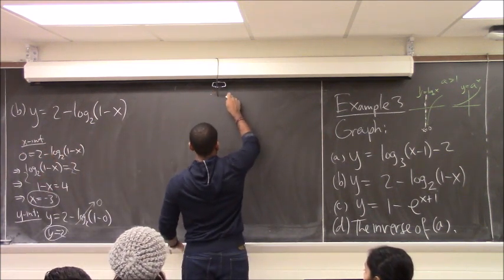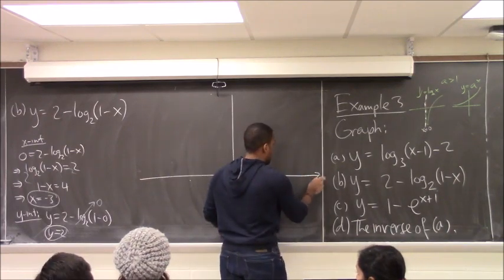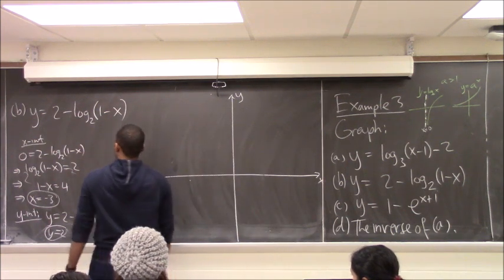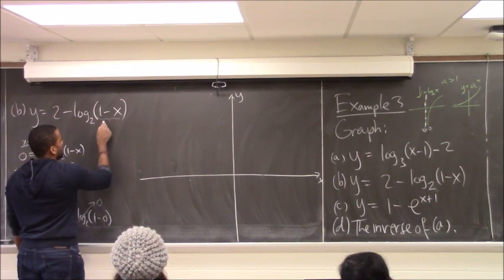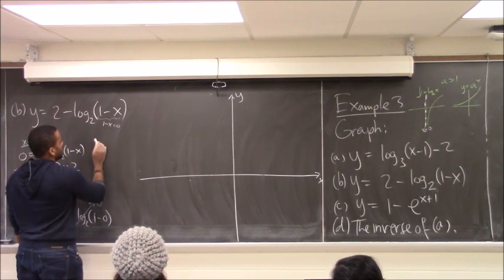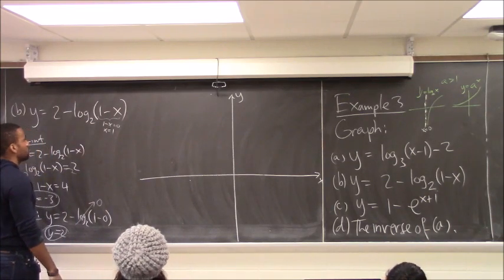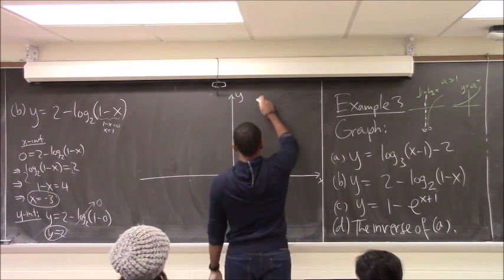So, that's our x, that's our y, and we actually know that if 1 minus x equals 0, that would mean x equals 1, right? So that would mean that this is an asymptote.